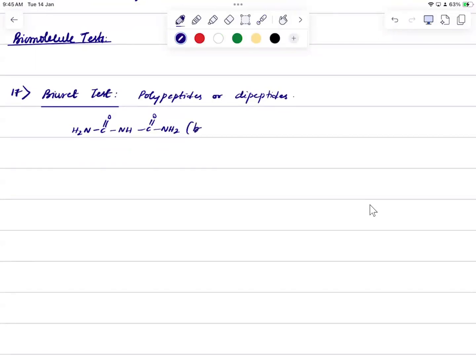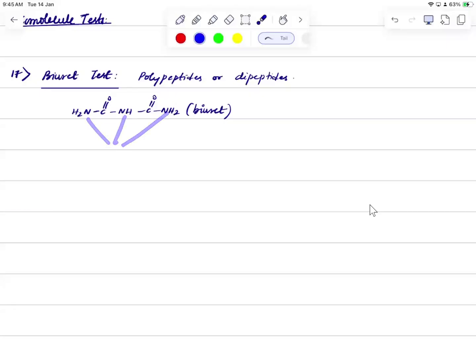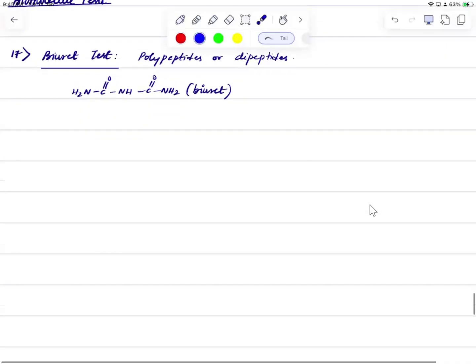Now, this is what we call Biuret. This structure's name, in fact, is Biuret. Now, if this is the case, if you have multiple nitrogens like this, see one, two, three, these kinds of nitrogens, that will give a violet coloration with copper sulfate.